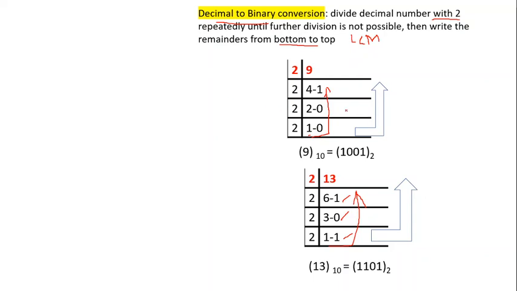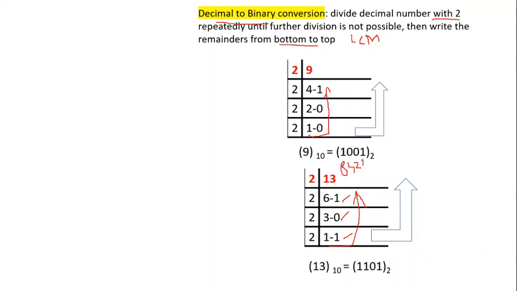In the same way, for the binary number system also, the positions are 2 power 0, 2 power 1, 2 power 2, 2 power 3, and so on. 2 power 0, anything power 0 is 1. 2 power 1 is 2. 2 power 2 is 4. 2 power 3 is 2 cube, 8.